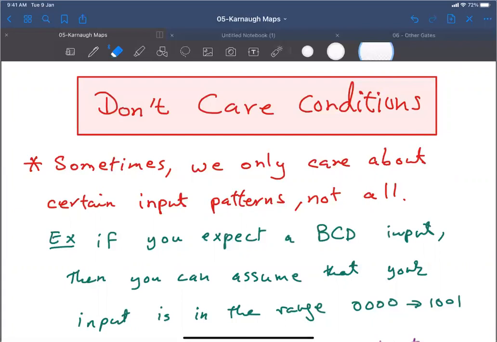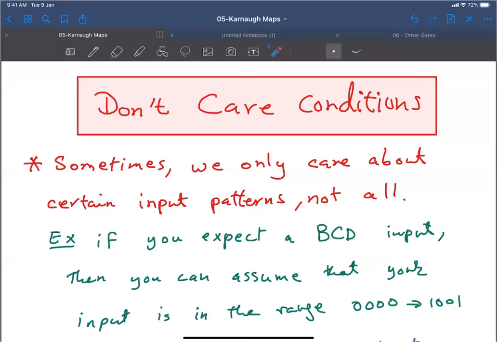Today, we are going to discuss what we call don't care conditions in K-map. Sometimes from the problem description, you can understand that part of the input, let's say that your input is 3-bit, and you know that, for example, input 101 will never show up in the input.